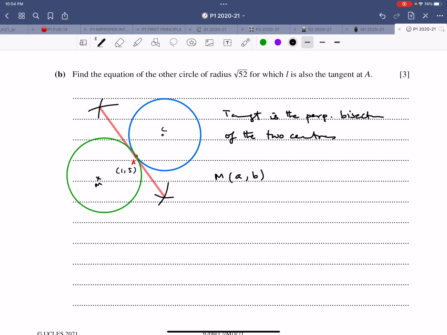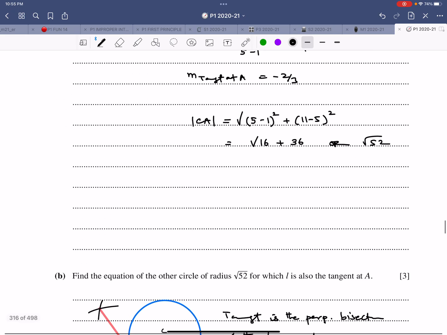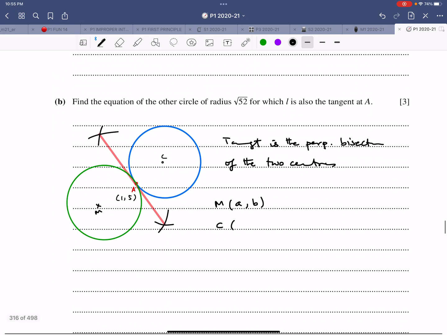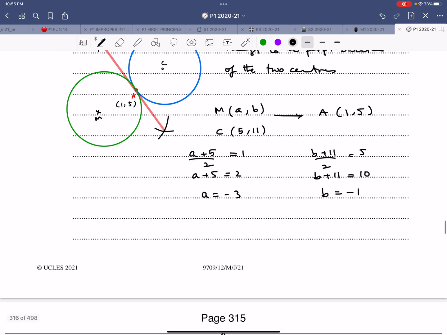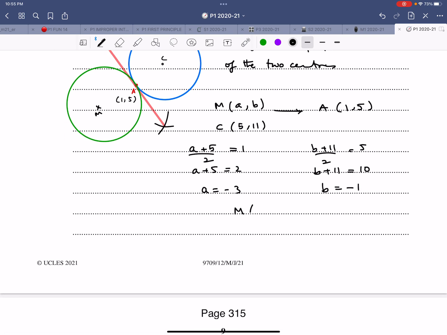The other point is C, which is (5, 11). And the midpoint is A for these two, that is (1, 5). So therefore (a plus 5) divided by 2 is 1, a plus 5 is 2, a is negative 3, (b plus 11) divided by 2 is 5, b plus 11 equals 10, b comes out to be negative 1. So therefore the center of that circle is (minus 3, minus 1).